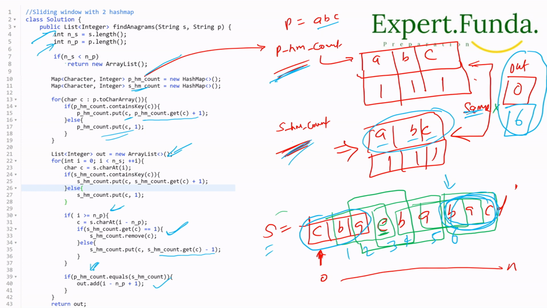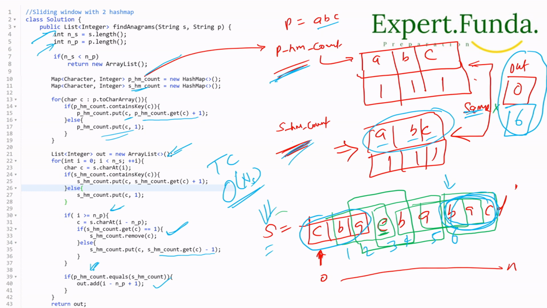So for the time complexity, we are talking about the string. If the length is this one, this is O of n s for the string, because in total we perform one pass, and n of s is greater than or equal to n of p.